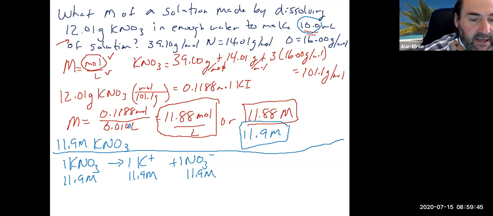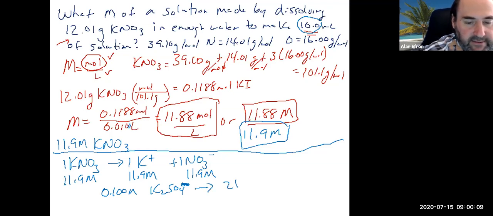And the reason really why that is, as opposed to say you had something like 0.1 molar potassium sulfate. When it breaks apart, in this case, we get 2 potassiums and a sulfate ion.